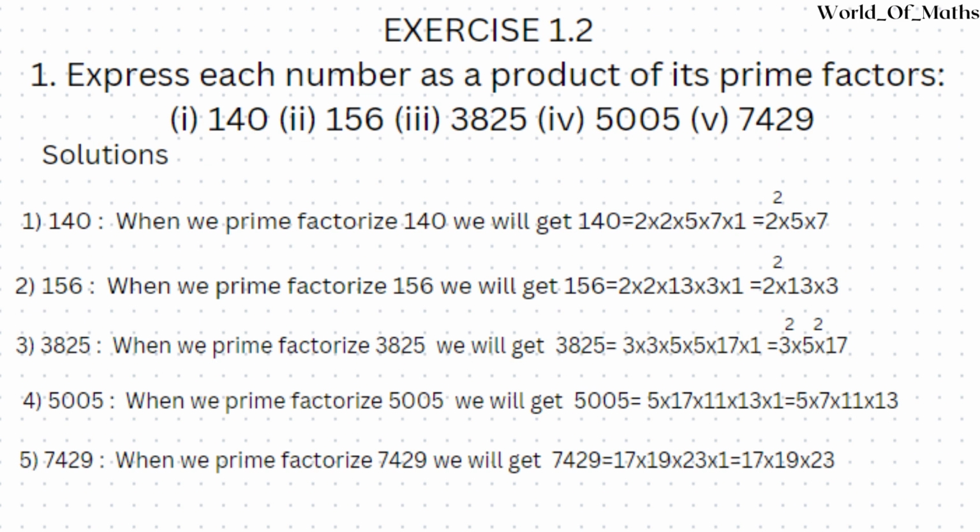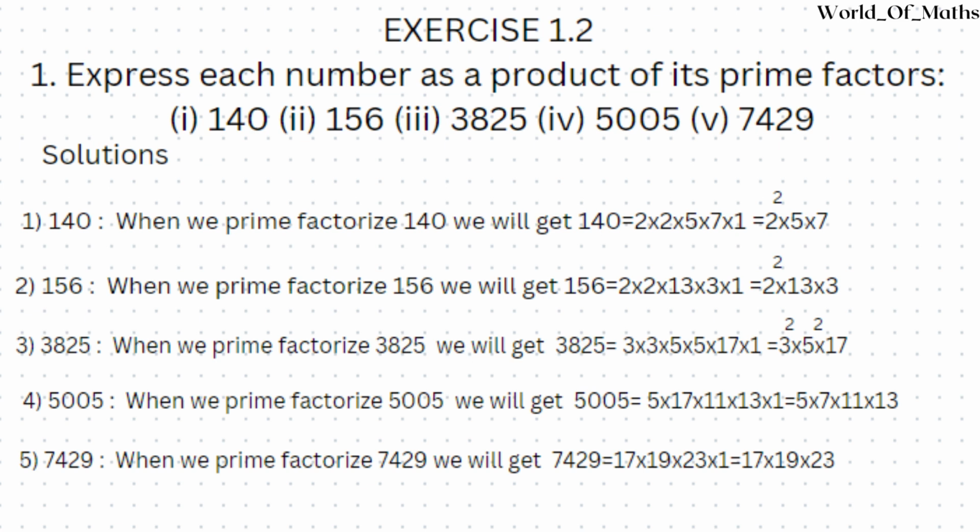If we prime factorize 140, we get 140 is equal to 2 multiplied by 2 multiplied by 5 multiplied by 7 and multiplied by 1, which we can write as 2 to the power of 2 multiplied by 5 multiplied by 7. So if we express 140 as a product of its prime factors, we can say 140 is equal to 2 to the power of 2 multiplied by 5 multiplied by 7.